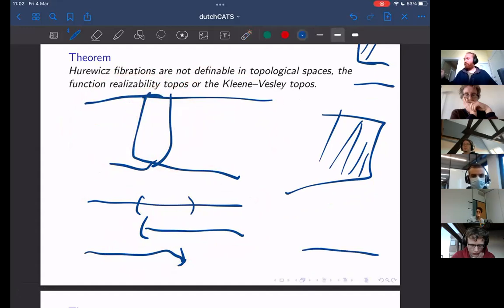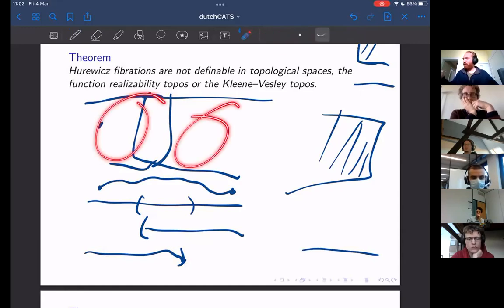And then if this was definable, which it's not, we'd have a unique way to extend a fibration structure on this half and this half to the whole thing. But we can't do that, because if we get a path which crosses over from one half to the other and doesn't strictly belong to either part, then it's not specified by the existing fibration structures on this half or this half.